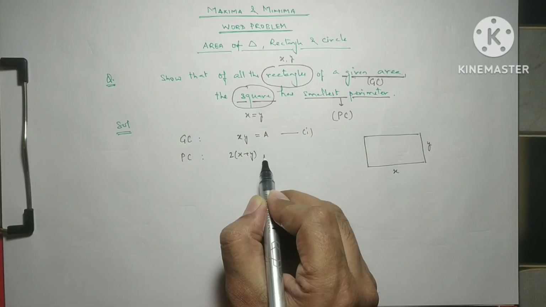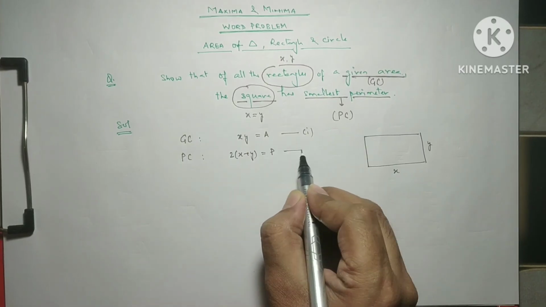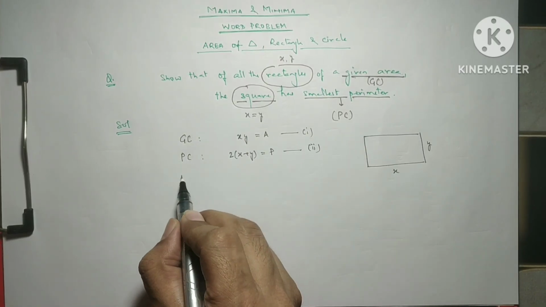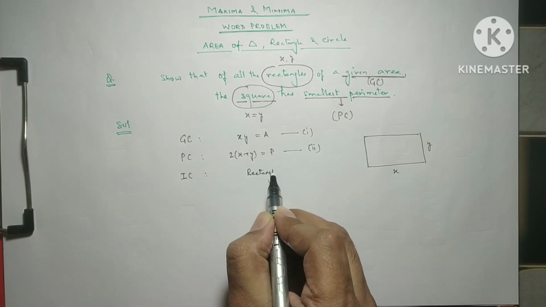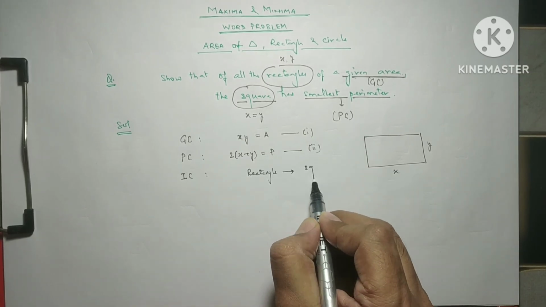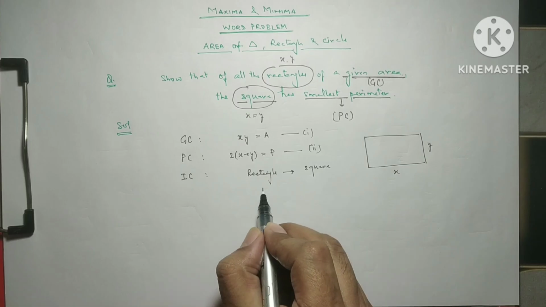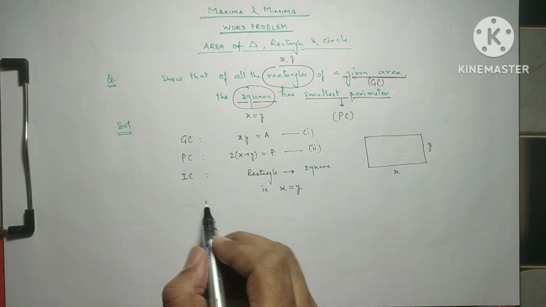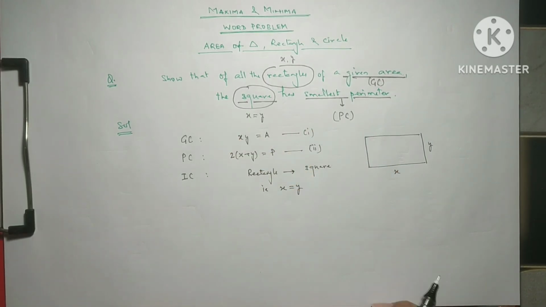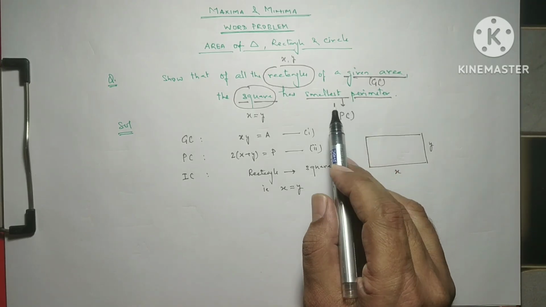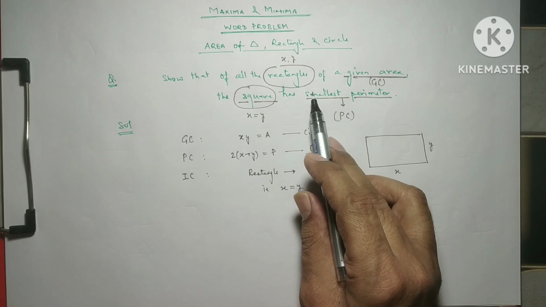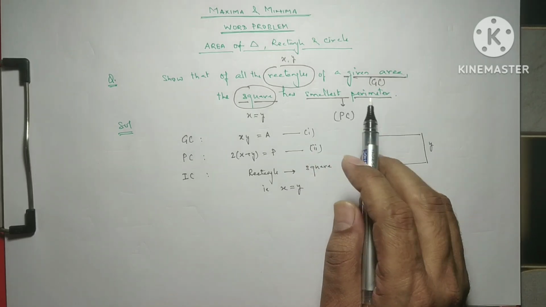So this perimeter should be smallest. So these are three conditions. The superlative term is the perimeter, and we will use the second derivative test with this.